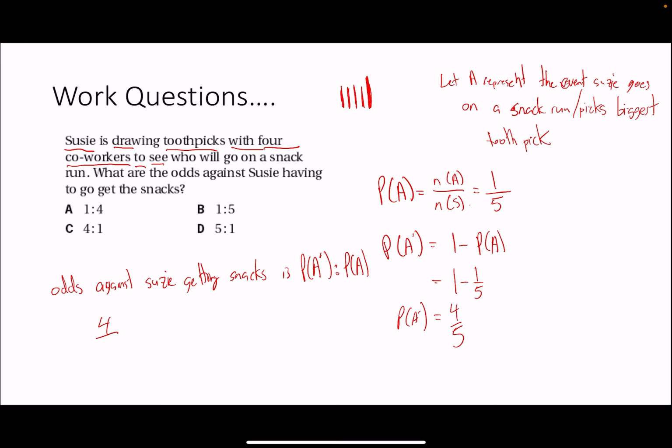So it's 4 over 5 to 1 over 5, which is the same thing as saying 4 to 1. So the odds against Susie getting snacks are 4 to 1. Okay? And it makes sense, right? The odds against her getting snacks are high, 4 to 1. There's a 4 to 1 chance that she's not getting snacks. It's unlikely, right?